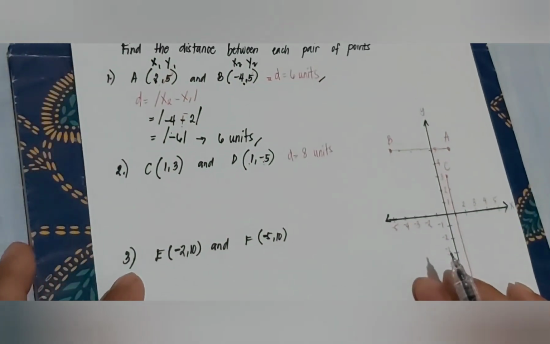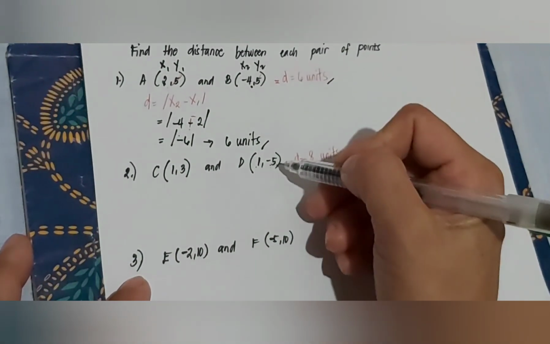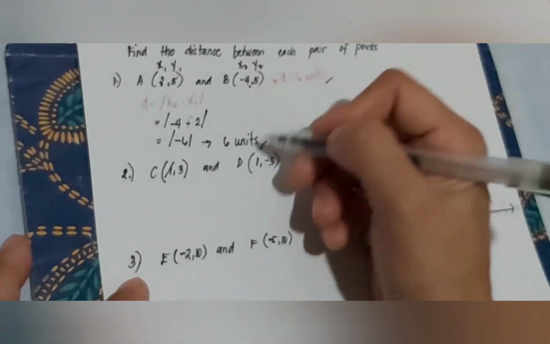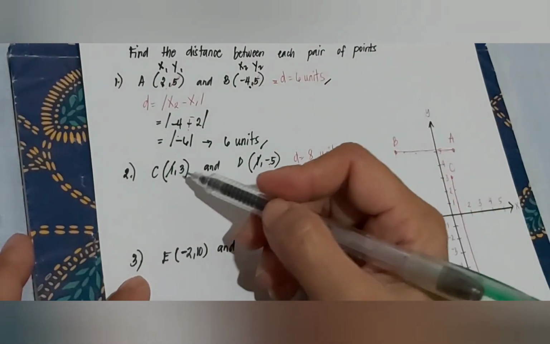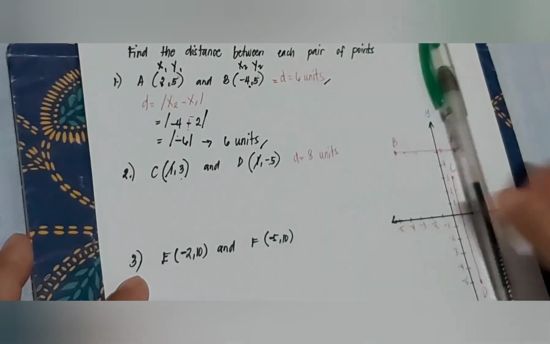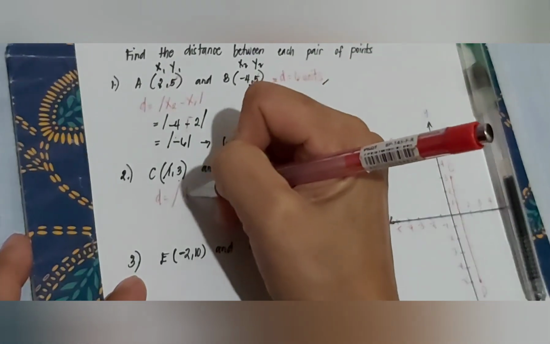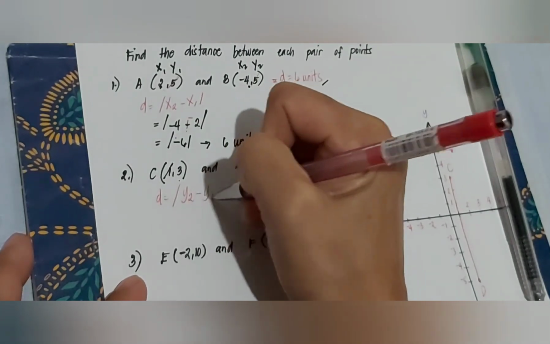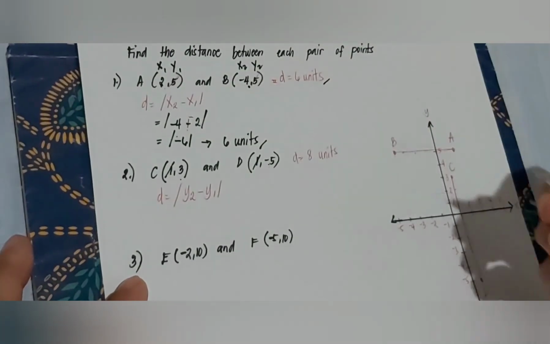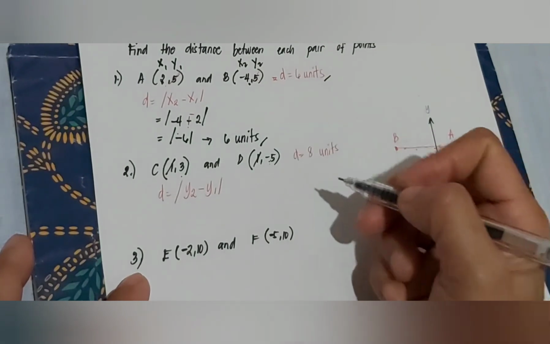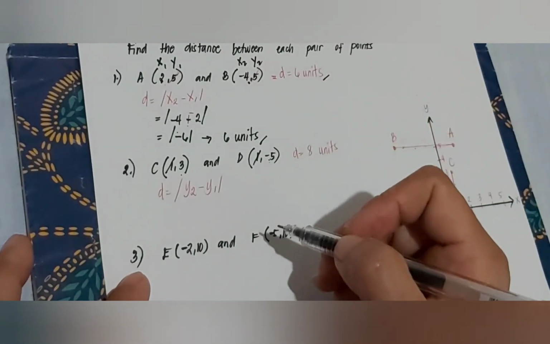Vertical line. So, in this case, y ang meron tayo, pwede natin tanggalin si x, na wala na yung x. So, yung y, ang formula natin ay distance is equal to the absolute value of y sub 2 minus y sub 1. So, try natin i-solve kung pareho ang magiging sagot natin.